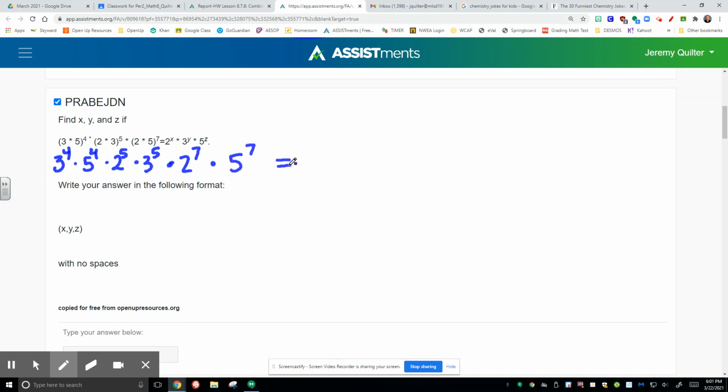What we can do with this is use a little commutative property and combine our like bases. So we have 2 to the 5th power times 2 to the 7th power times 3 to the 4th power times 3 to the 5th power times 5 to the 4th power times 5 to the 7th power.